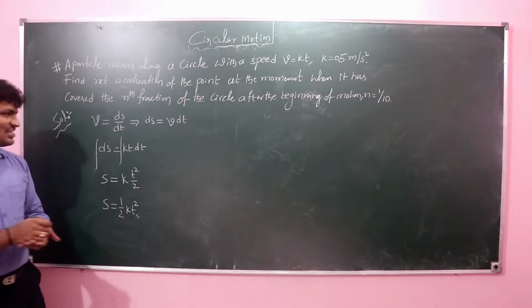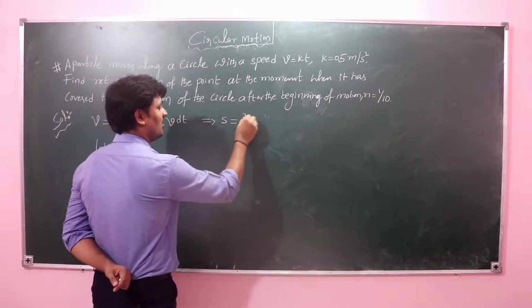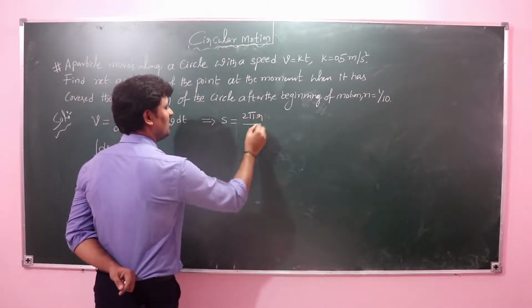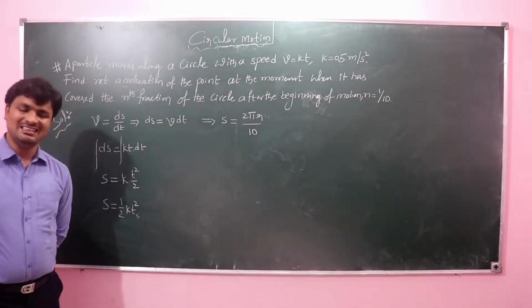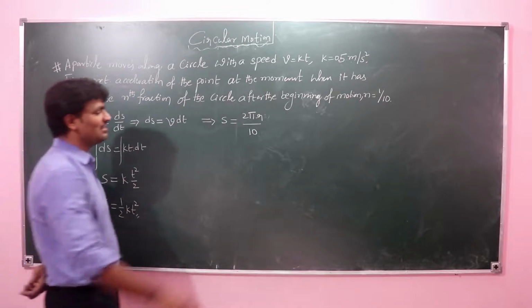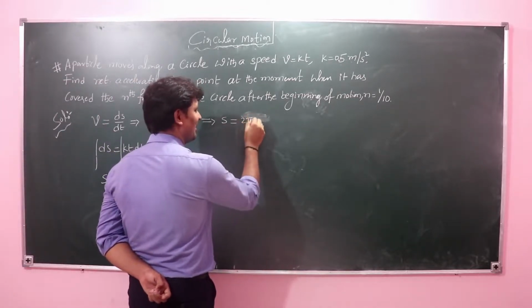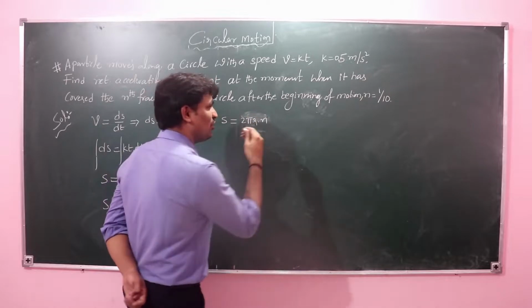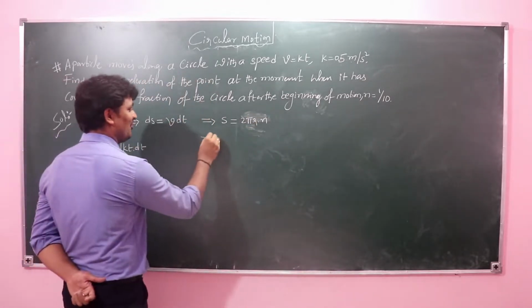So this is the distance which is traveled. This much distance is 2 pi r by 10, the nth fraction. How much fraction? 2 pi r by n also you can take, no problem. 2 pi r into n you have to take; if you are taking by n, that's wrong. So now substitute the value of s.